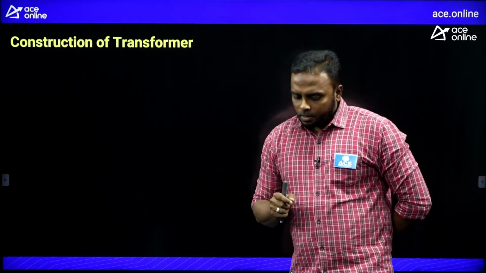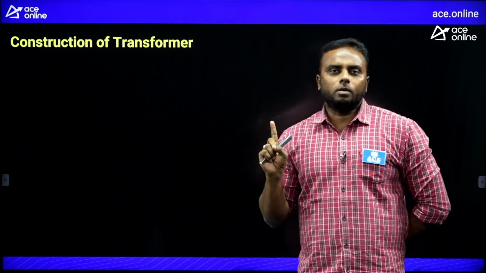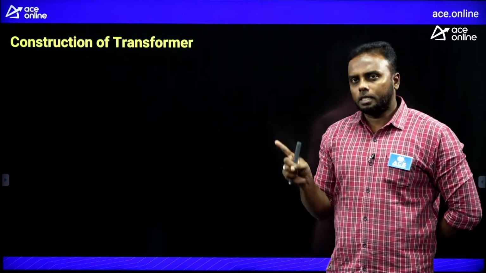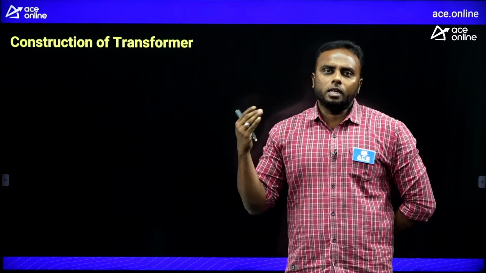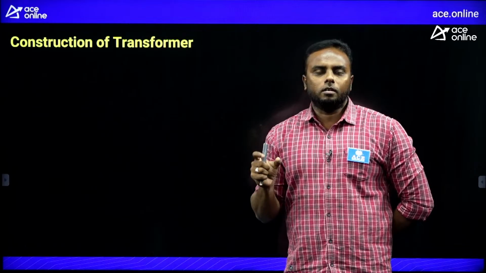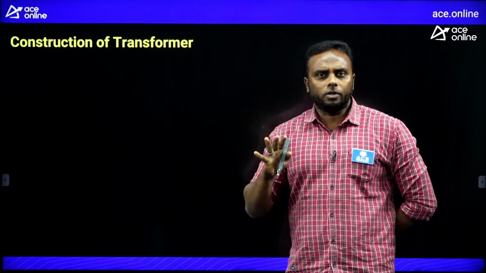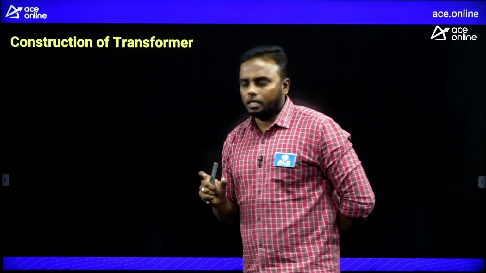Now first, in construction of transformer, what do we need to focus on? Mainly we have 2 parts, transformer core and transformer winding. Important is the core material and how we laminate the core, and what type of material we use, silicon steel or CRGO steel. What is the main difference between silicon and CRGO?